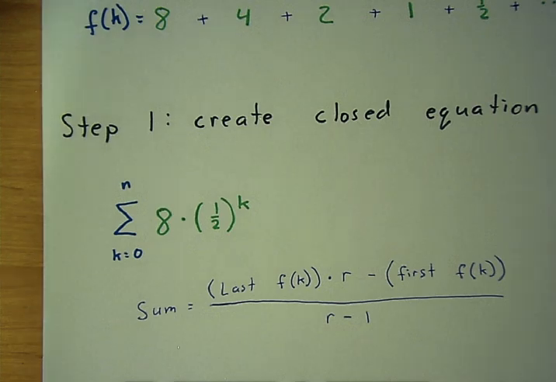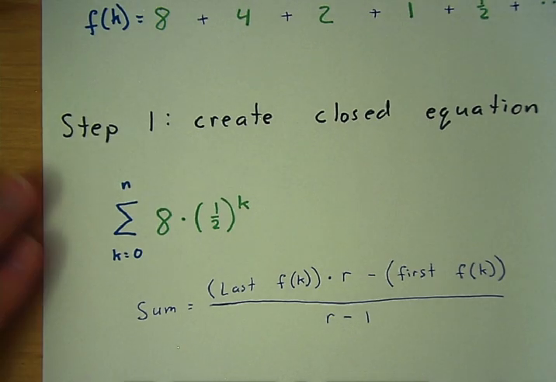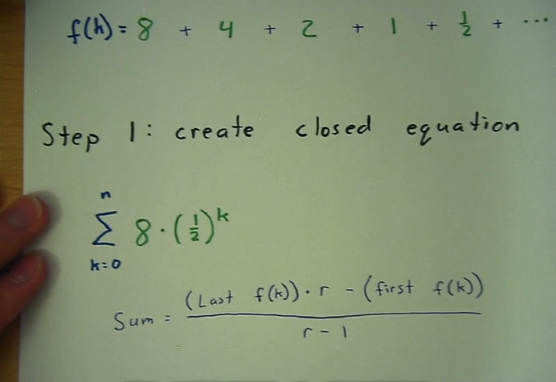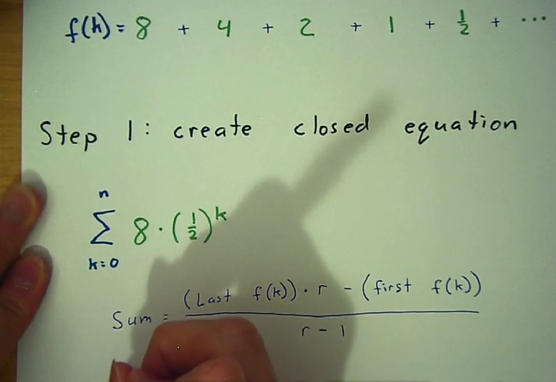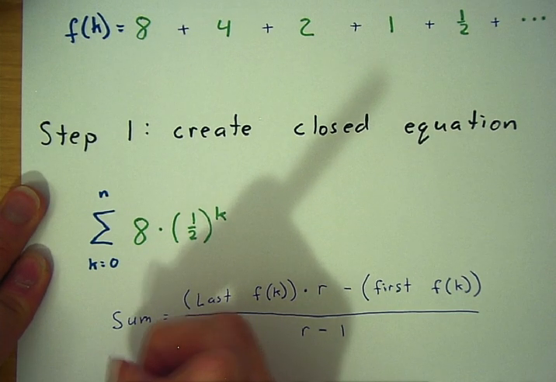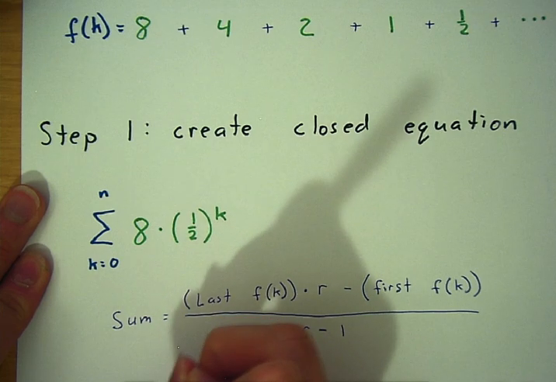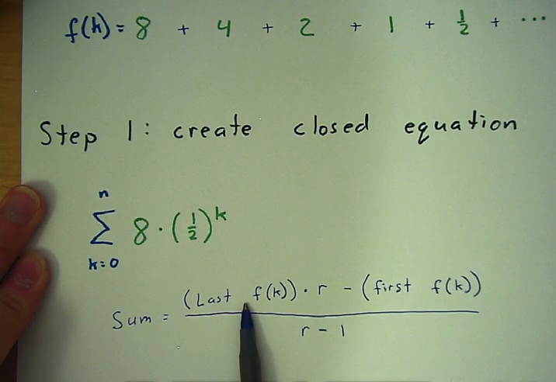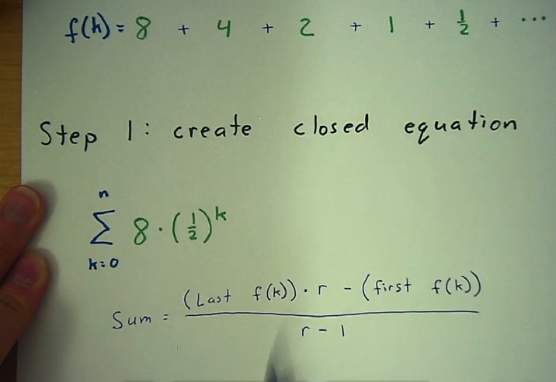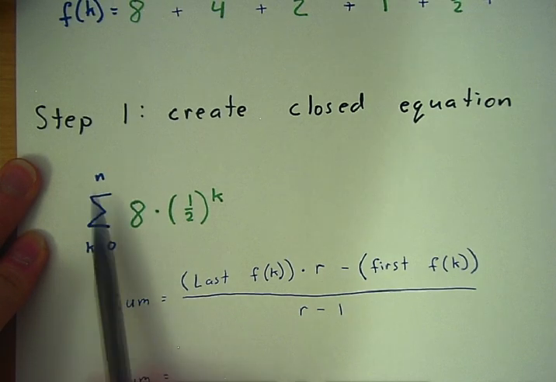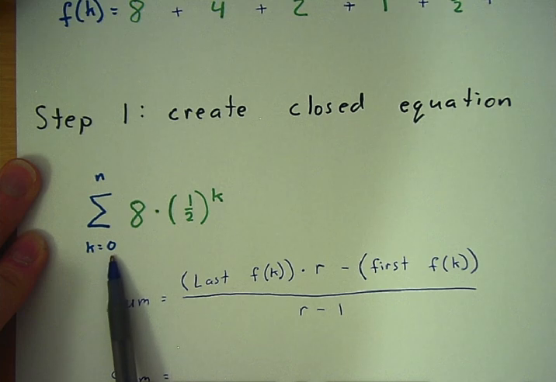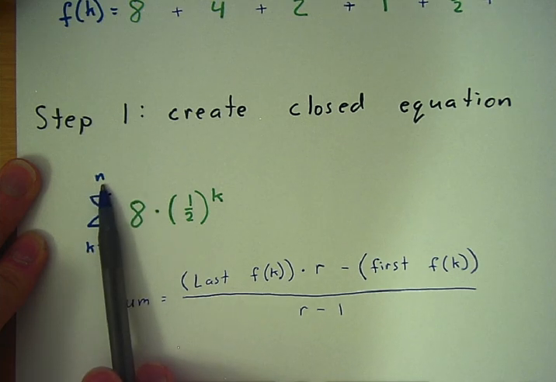Let's actually plug in the numbers now. So here you have the sum. Okay, my last number in this series, maybe I'll just use this part right here. My last number in the series going from k equals 0 all the way to k equals n.